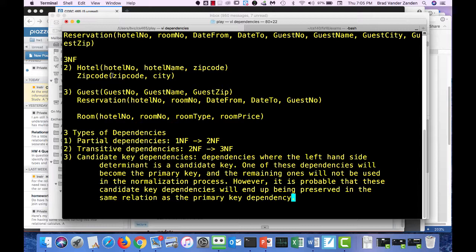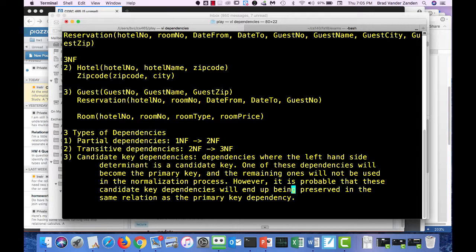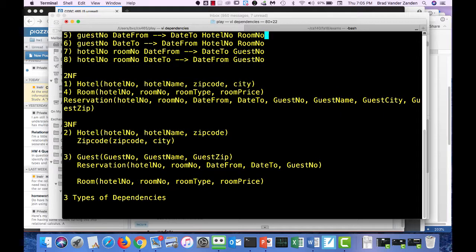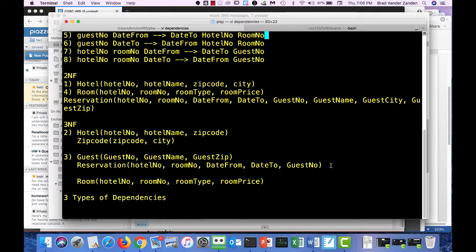So if you look up here at the final reservation 1, and then you look up, we go up to the dependencies 5 through 8, it turns out that dependencies 5 through 8 are all preserved in this reservation relation. And remember, the reservation relation is what remains of our initial universal relation.